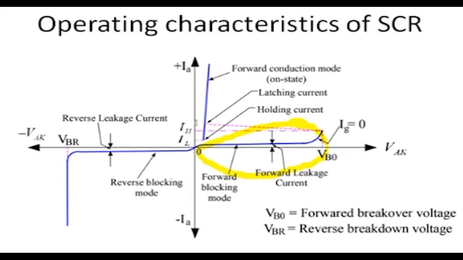Now that wall is blocking. I used to compare the SCR with a dam. Consider the SCR like a dam. On one side a huge amount of water will be there, and there will be walls blocking that flow of water. Dam walls will block the water flow. Now there is a gate which can control the flow of water.